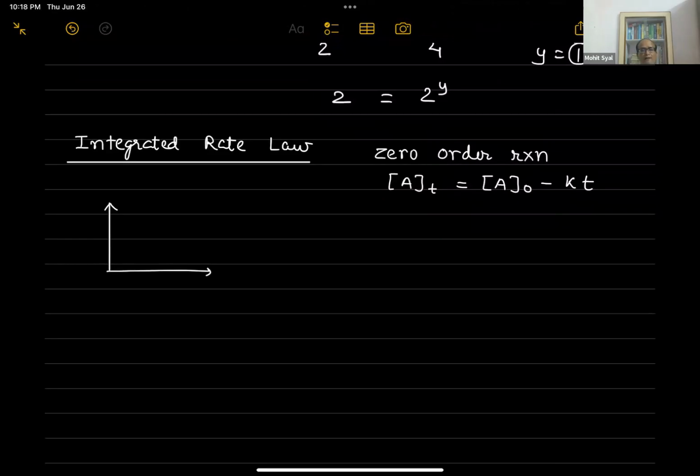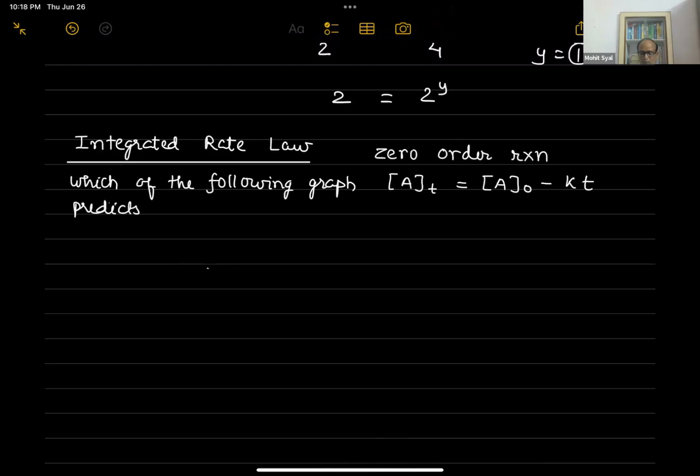So which of the following graphs correctly represents the concentration of a zero order reaction with the progress of reaction?